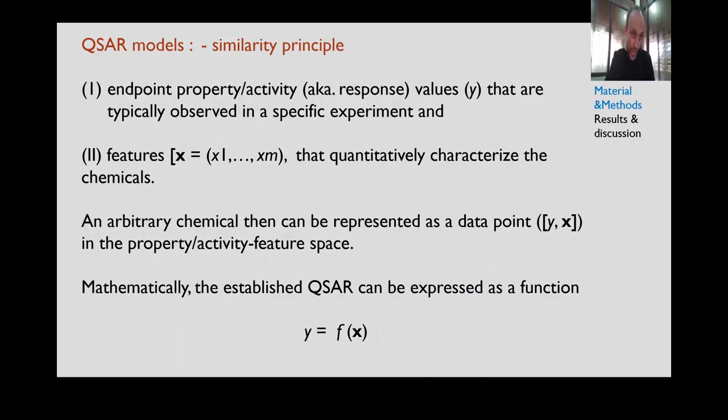And two, we have the features, where M is the number of features, the dimension of the feature space that quantitatively characterize the chemicals. So an arbitrary chemical can be represented as a data point Y and X in the property activity feature space. Mathematically, the established QSAR can be expressed as a function f mapping X to Y.